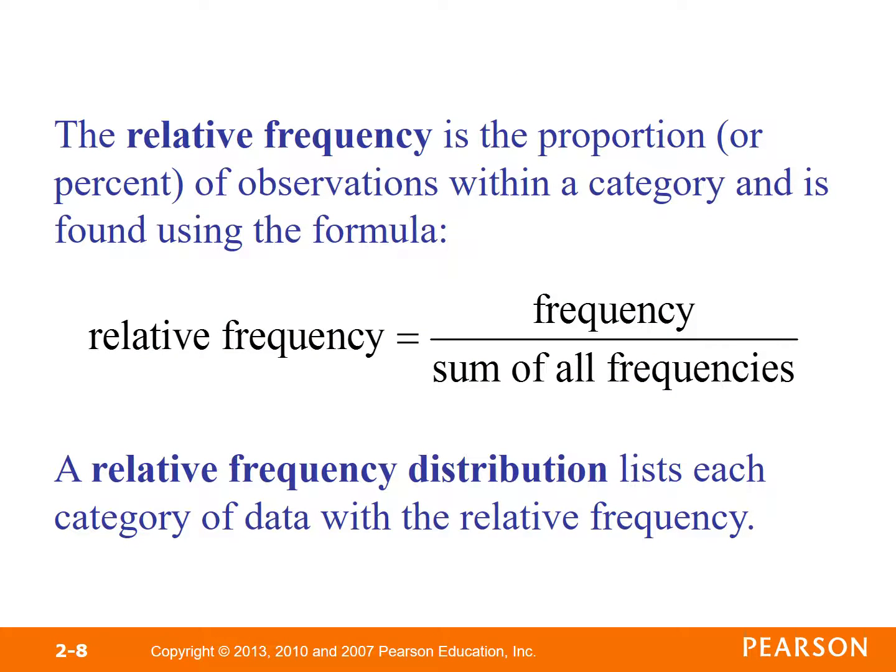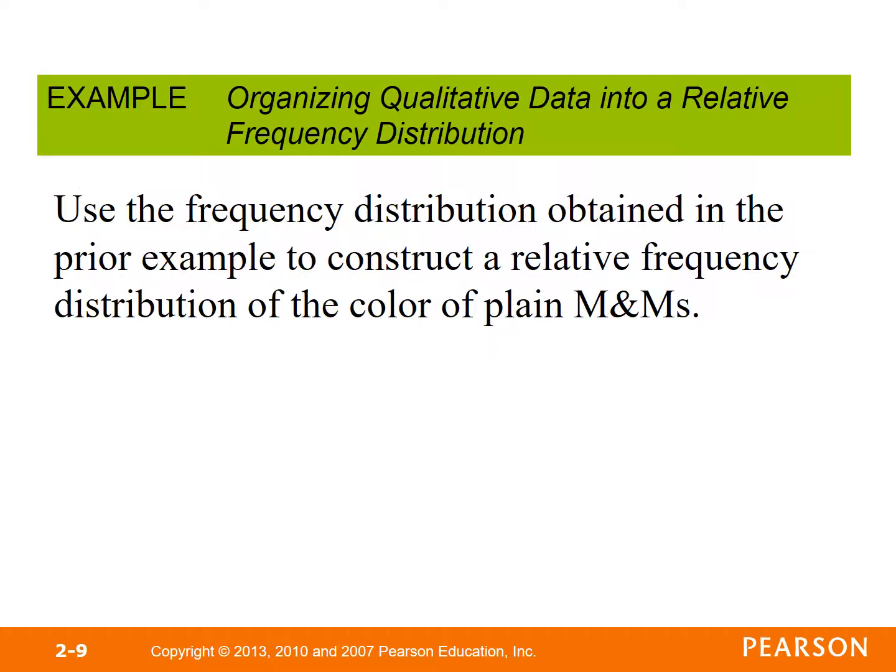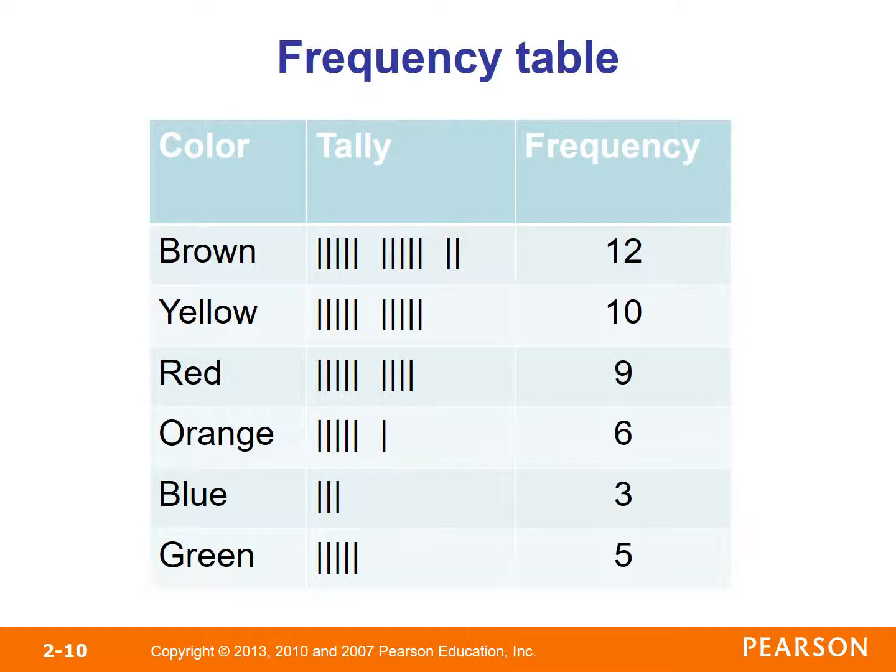A relative frequency goes one step further. It takes the total number of M&Ms, and you take the individual frequencies and divide by that total number. So that's what we call a relative frequency. So let's take a look at what that looks like. Again, there's our tally and our frequency.